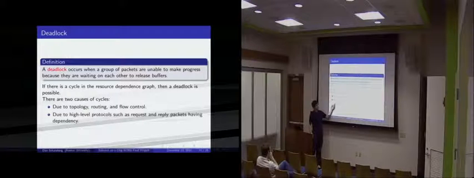The other aspect, which I think is pretty interesting, is that a high-level protocol, something using the network, could create a dependency here. The example I give is a request-reply. Let's say at one endpoint of my network I have a client that is trying to send something out on the network, and it's blocking until there's space.